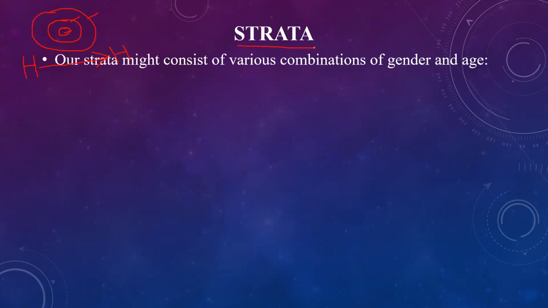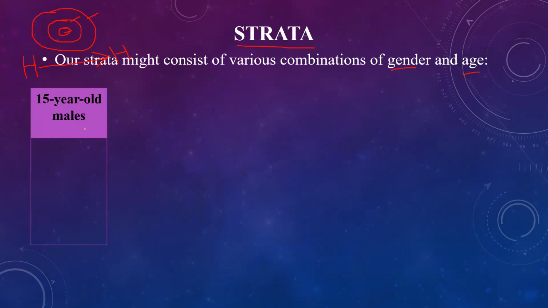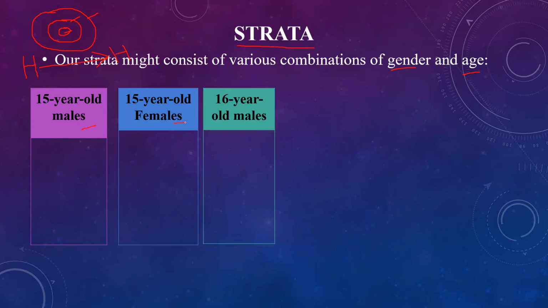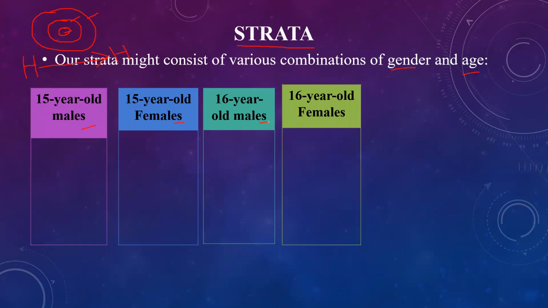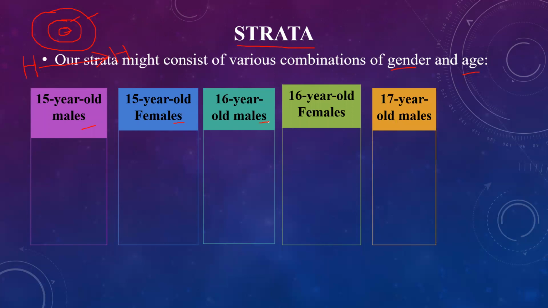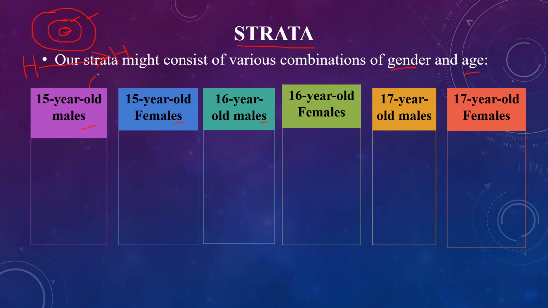Our strata might consist of various combinations of gender and age, in terms of our example of teenagers. The first stratum would be 15-year-old males, the second 15-year-old females, the third 16-year-old males, and in continuation females, and subsequently for 17 years we take the males and females.